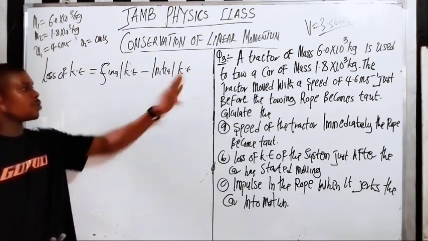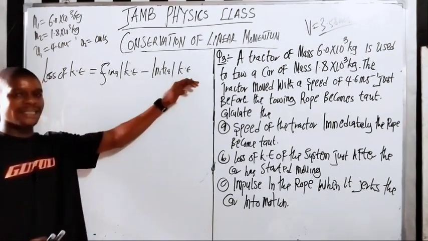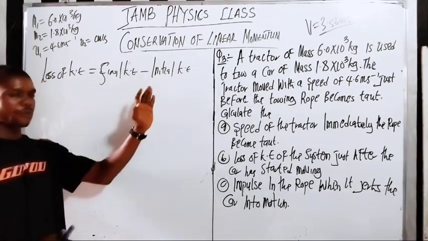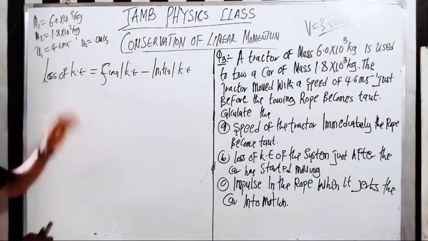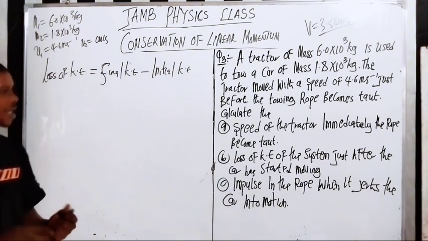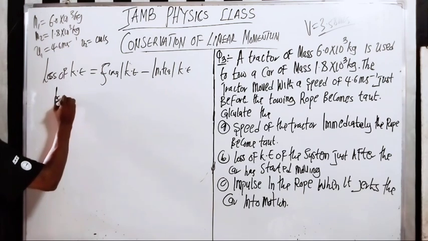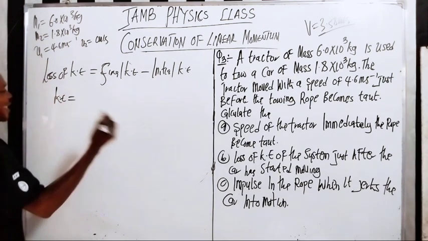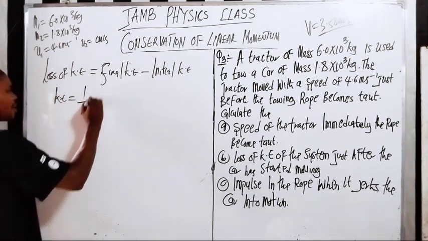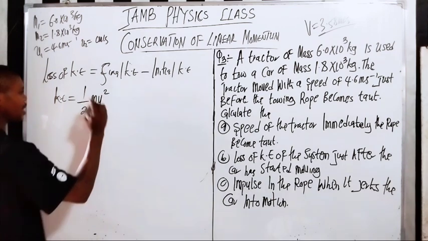Once I know my final and initial kinetic energy, I subtract and get the loss of kinetic energy. Do you understand? Remember, kinetic energy equals half m v squared.